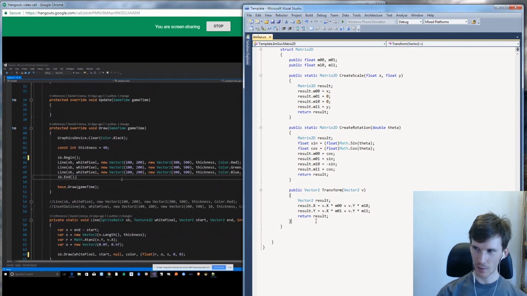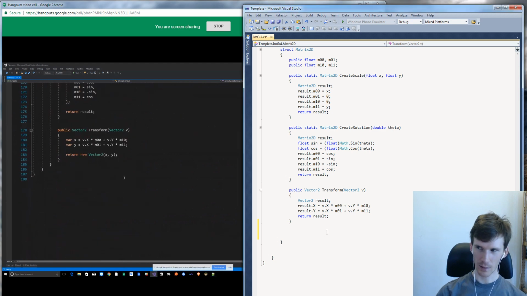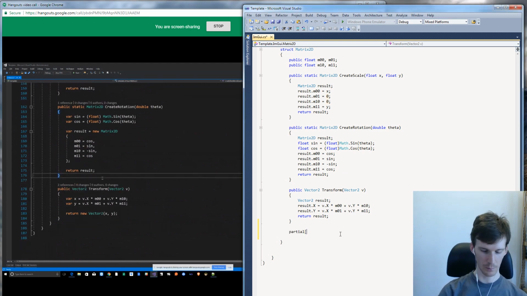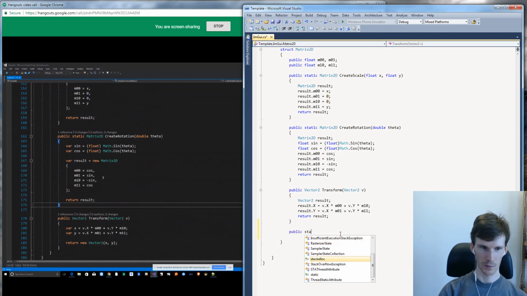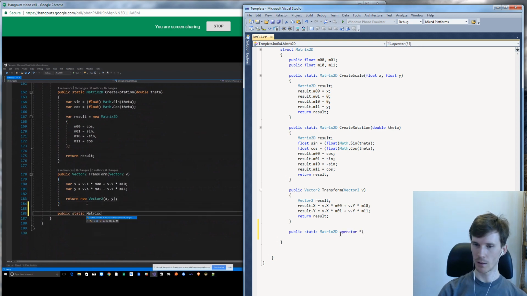Okay, so let's make a new operator. Static Matrix2D operator multiply.